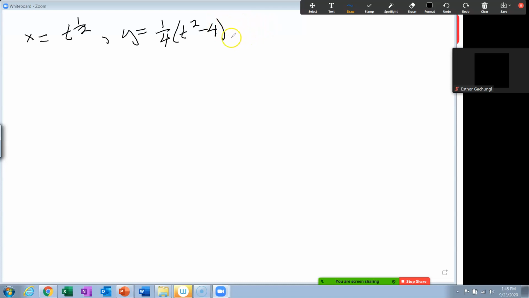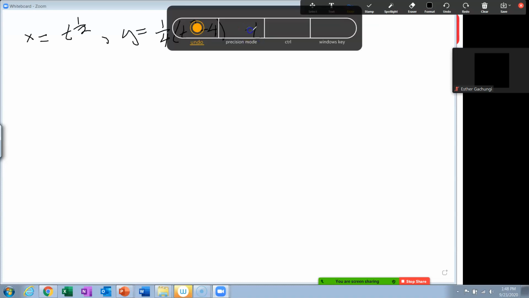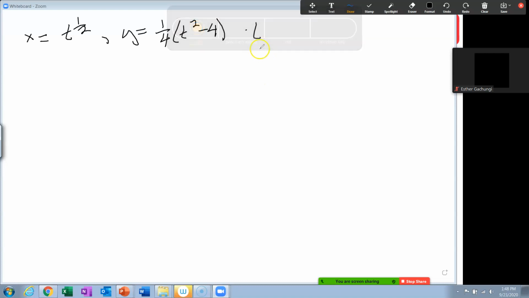And here's what t is: t is greater than or equal to 0. It's asking for the slope and then the concavity.